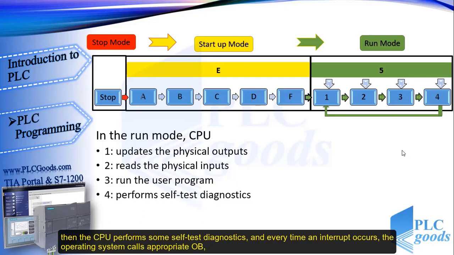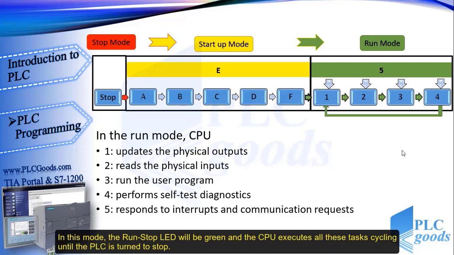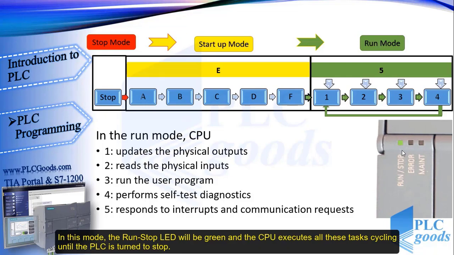Then the CPU performs some self-test diagnostics, and every time an interrupt occurs, the operating system calls the appropriate OB and then comes back to the main program and also responds to communication requests. In this mode, the run/stop LED will be green and the CPU executes all these tasks, cycling until the PLC is turned to stop.